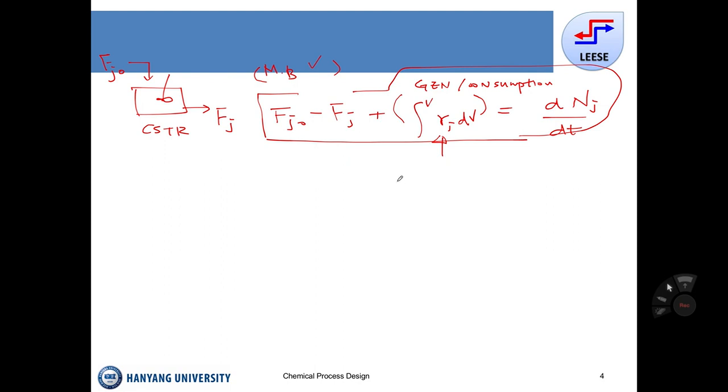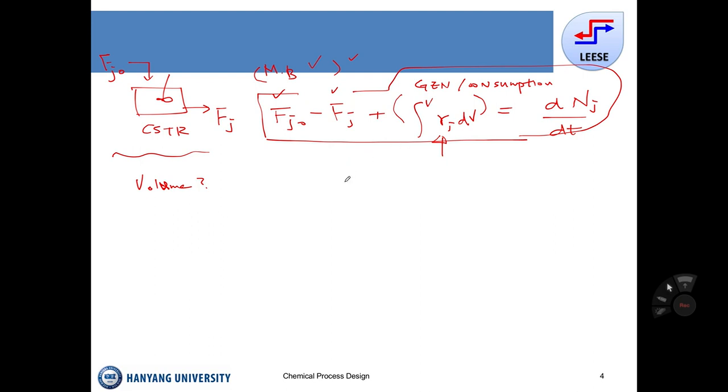Then how do we use this mass balance? We quantify between input and output and other things. Using this, we can further develop equations to get information, like what information you need for the CSTR. For example, I want to calculate the volume of this reactor.